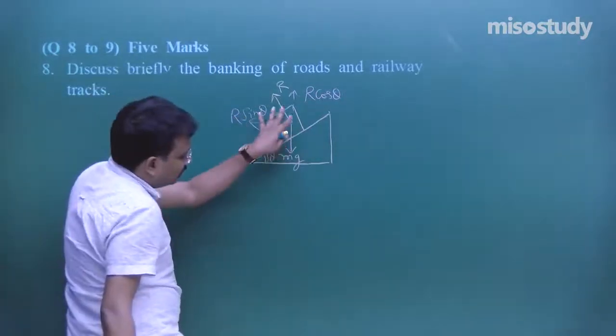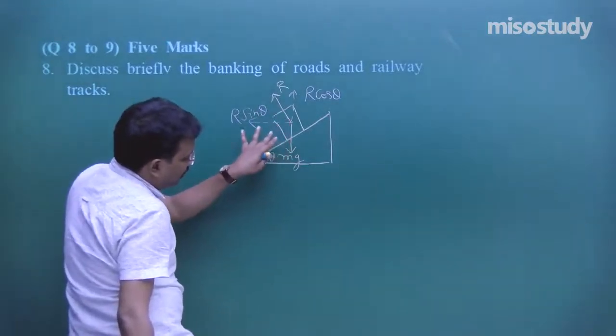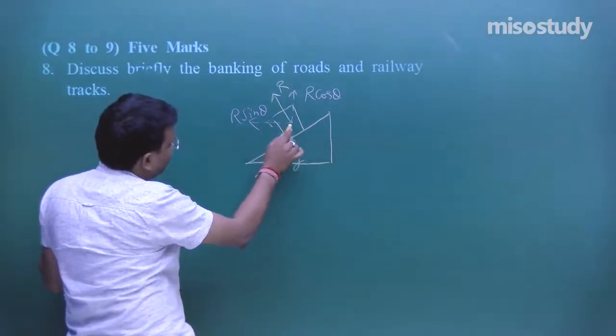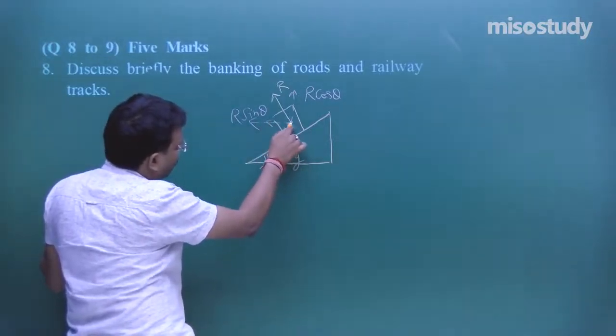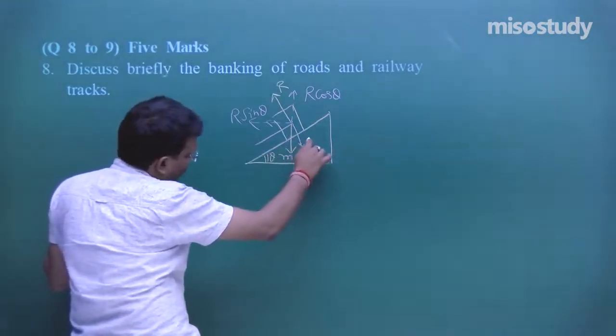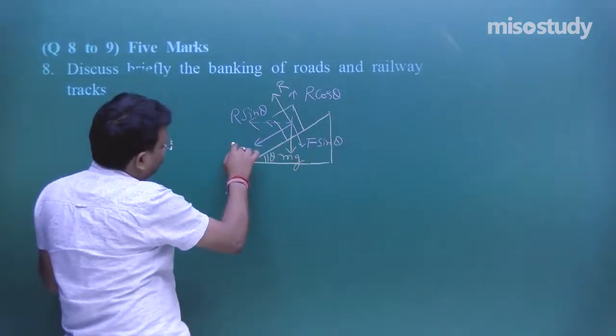When this car is moving onto this, then force F is acting downward. So this force this way, that is F. So here a force will act in this direction and another in this direction. So it is F sin theta and it is F cos theta.